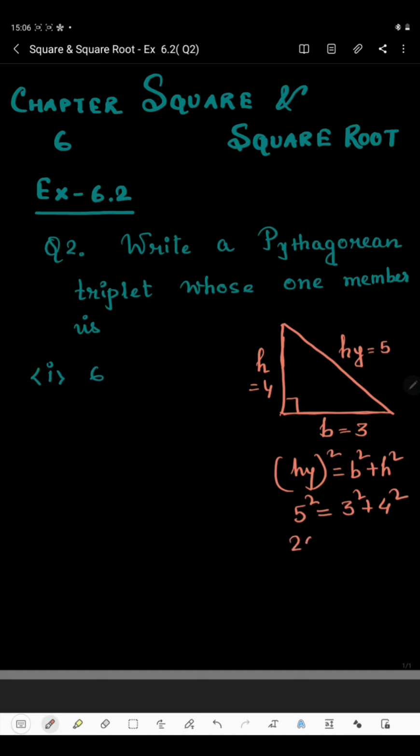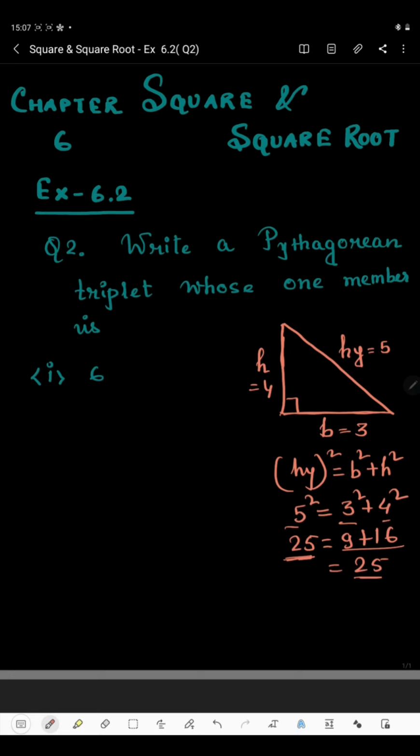So 5 square means 25 and 3 square means 9, 4 square means 16. So 16 plus 9 is also 25. So what we have observed is that the value on the left hand side is matching with the value on the right hand side. That means these three are the members of Pythagorean triplet.